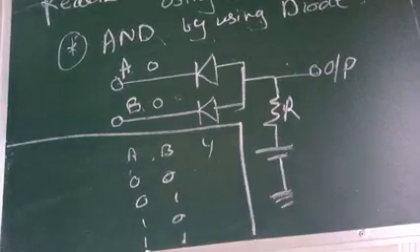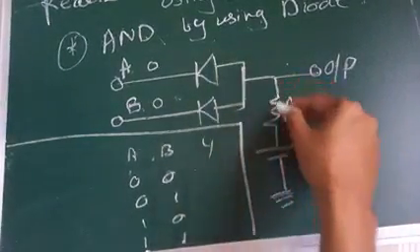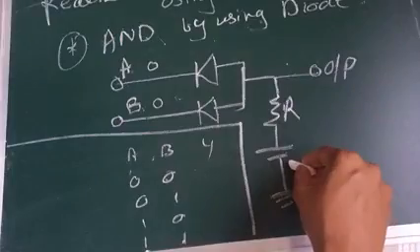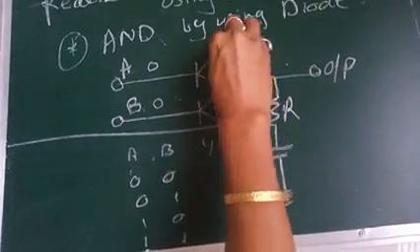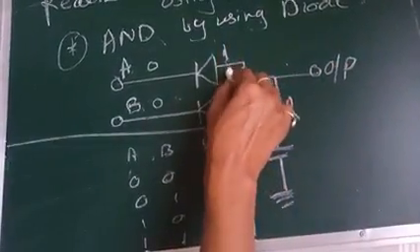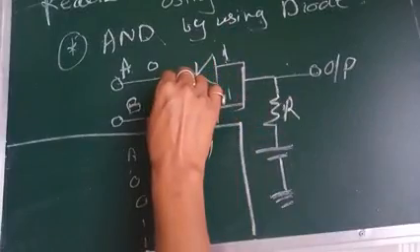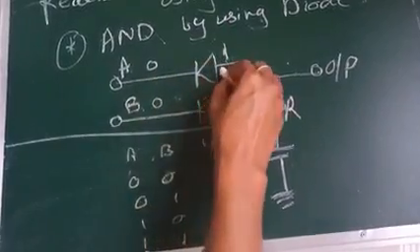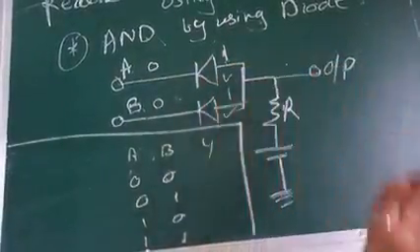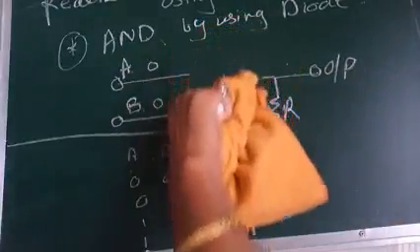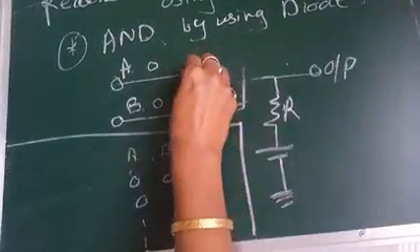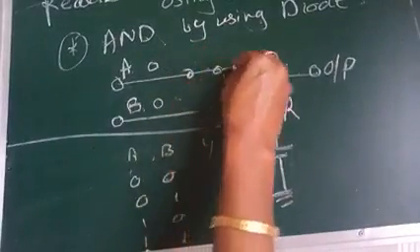As the anode is shorted and connected to the battery, here you have logic 1, or let us consider 5 volt. That means the anode voltage is greater than the cathode voltage. So both diodes become forward biased. When both diodes are forward biased, they function as closed switches like this.